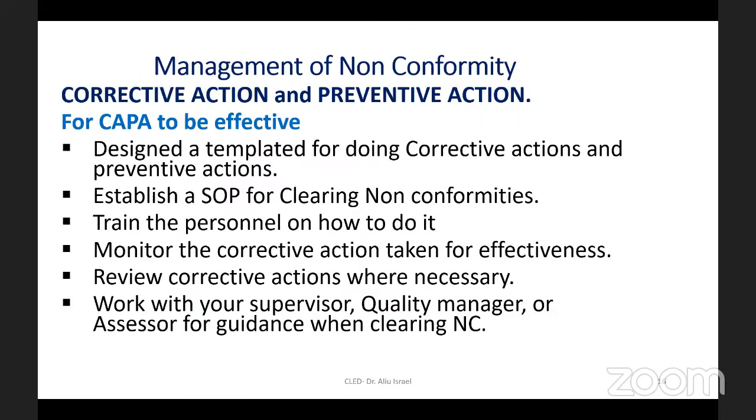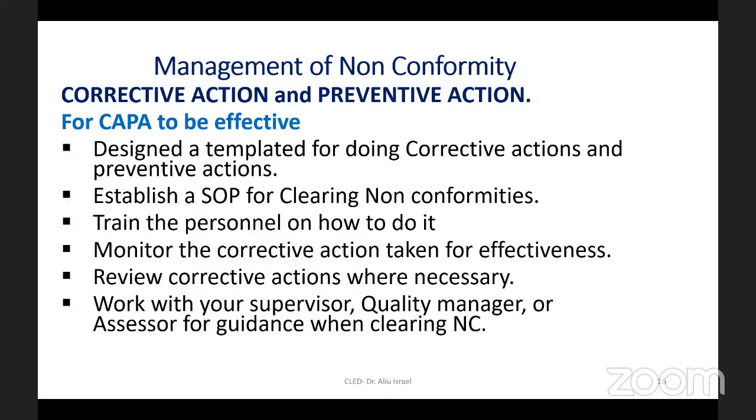For CAPA to be effective, you have to design a standard template in the organization that will address your corrective actions and preventive actions. Establish an SOP for clearing non-conformities, that is, standard operating procedures. Then you have to train the personnel on how to do it. Then monitor the corrective action taken to know if it is effective or not.